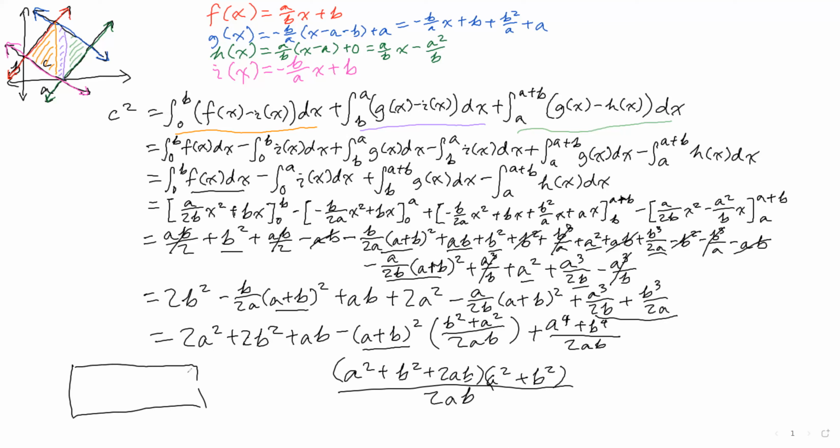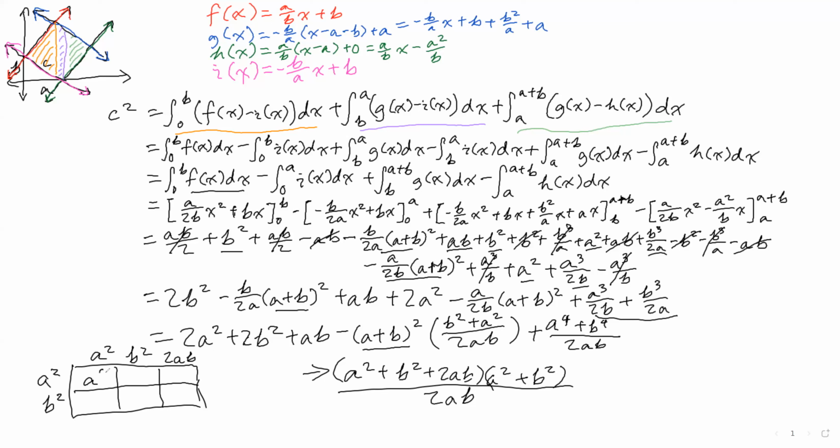We have an a squared term, a b squared term, and a 2ab term, and then for the numerator here, an a squared term and a b squared term.